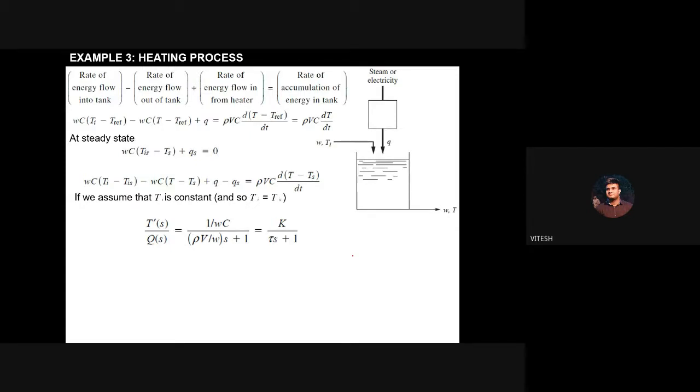Anybody can tell me what is the unit of specific heat? Yes, student. Can anyone tell me? Sir, heat capacity per unit gram, or per unit liter. Joule per kg per degree Kelvin, right, it is like this.